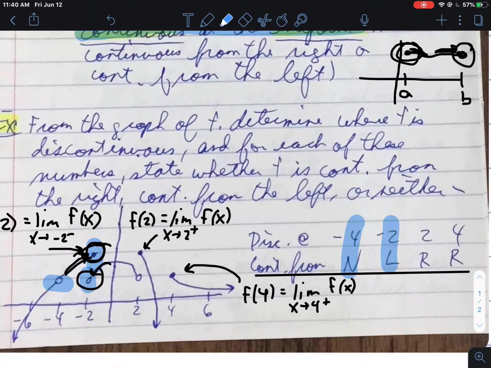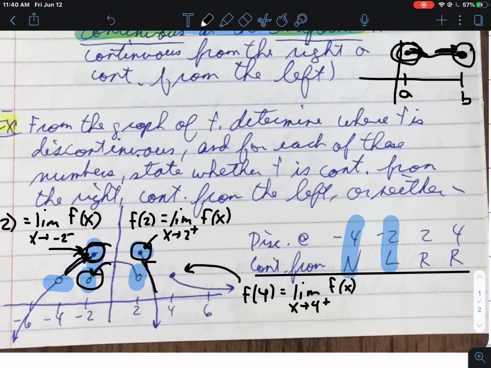The next point of discontinuity is another jump discontinuity at 2. But in this case, the open point is here, the closed point is there. So when I look at the function value for 2, f of 2 is up here, which would agree with the limit as we approach 2 from the right.